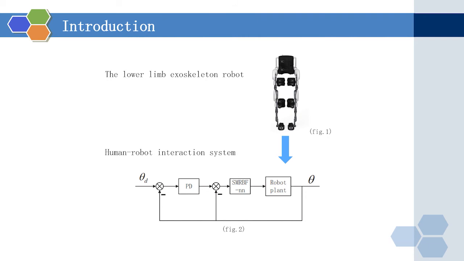So this paper employs a controller scheme that combines SMRBF neural network with PD to track the human gait trajectory as shown in figure 2.